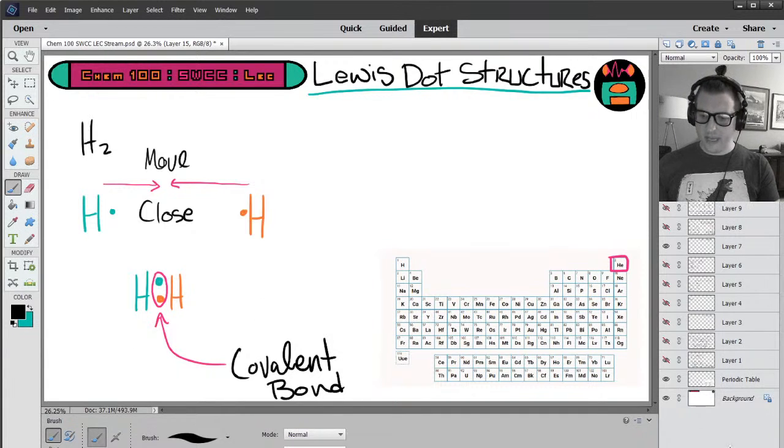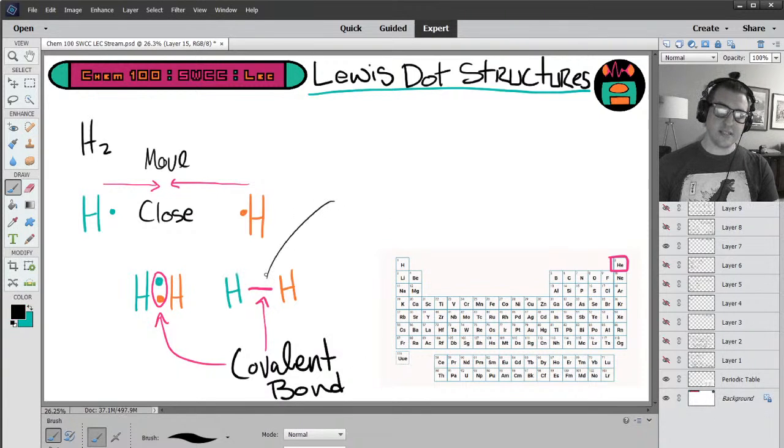They're always depicted as a line. So whenever you have a covalent bond between 2 atoms, you always depict it as a line.